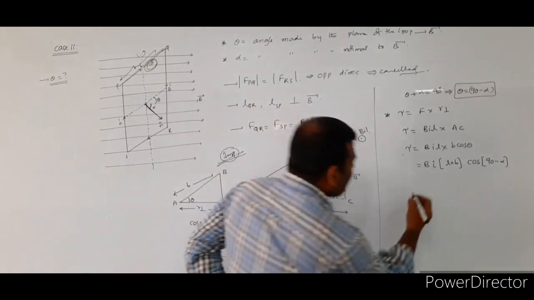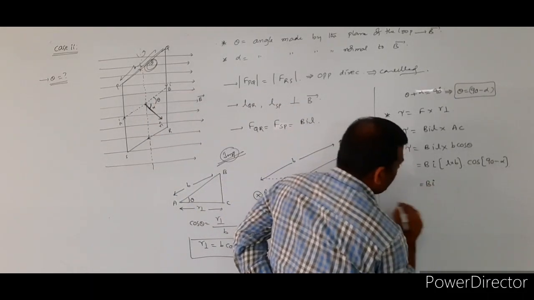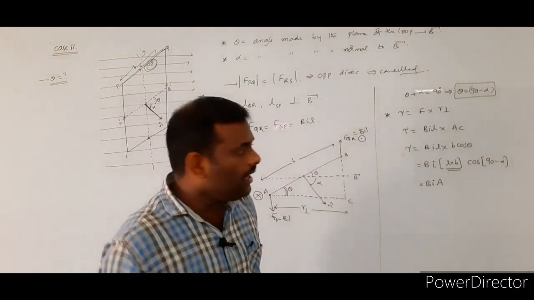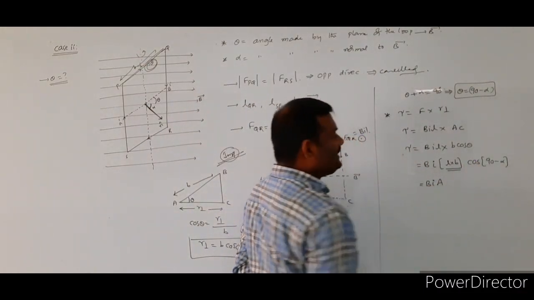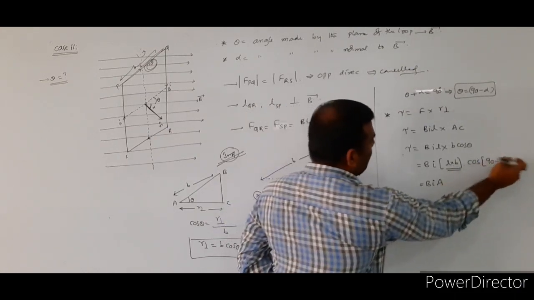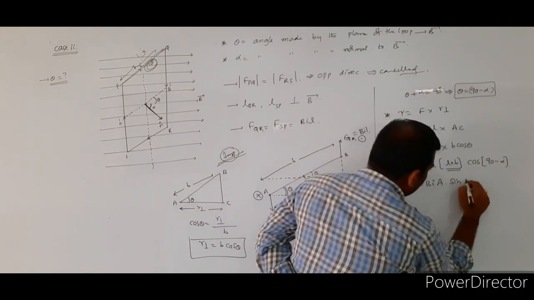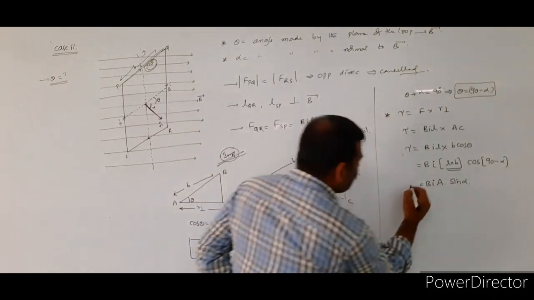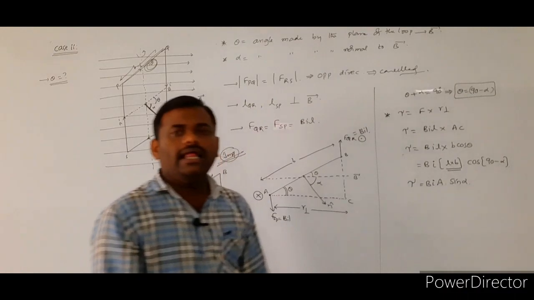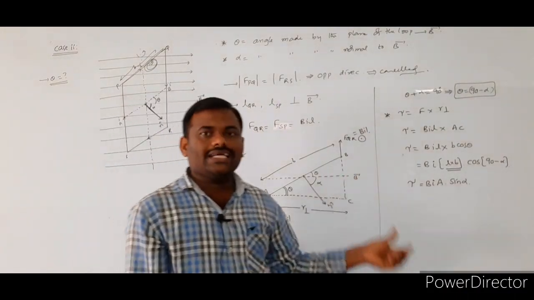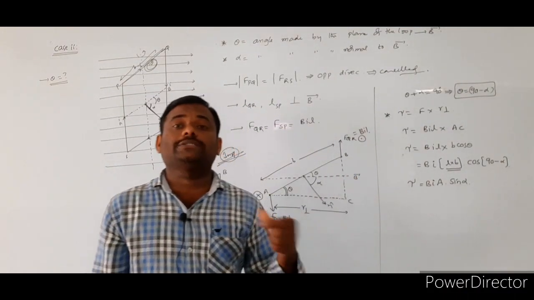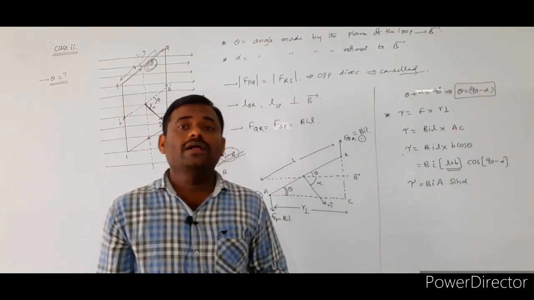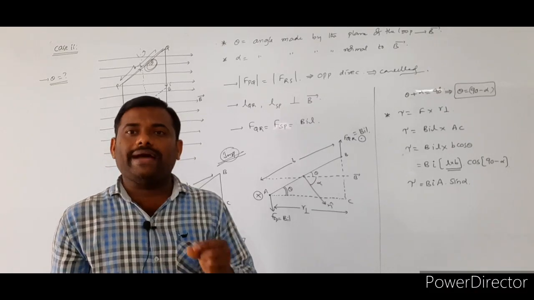So here this value is equal to BI into length into breadth, which is nothing but area of the loop, times cos of 90 minus alpha, which is sin alpha. So this is the required expression for torque experienced by the rectangular current carrying loop, whenever it is placed in the uniform magnetic field.